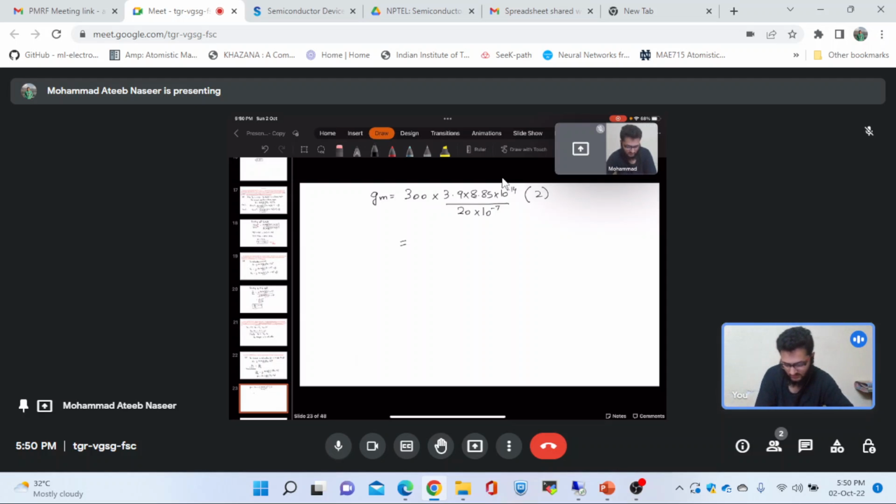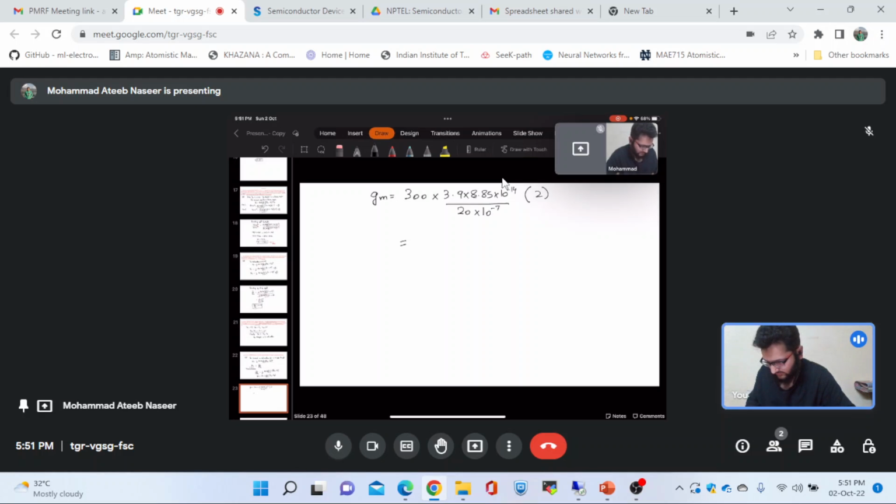Let me calculate the value for the GM. This is simply equal to 300 into 3.9 into 8.85 into 2 divided by 20.